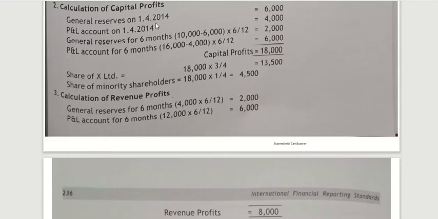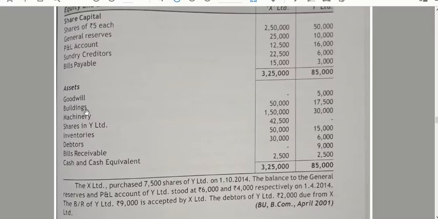General reserve on 1/4/2014 is 6,000, which is given in additional information. Profit and loss account on 1/4/2014 is 4,000. And if you see, the balance sheet is from 1/4/2014 to 31/3/2015.